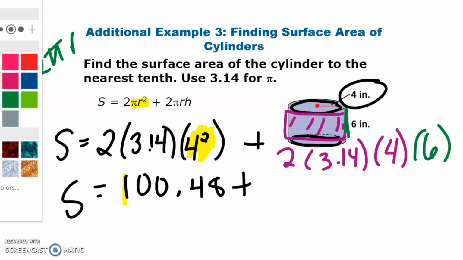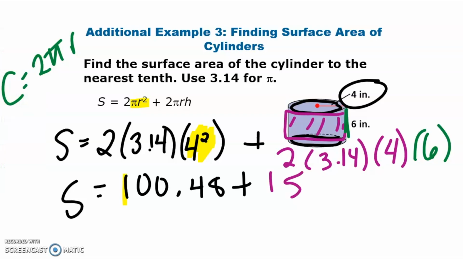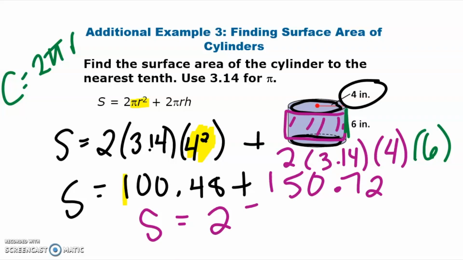Again, I'm going to type all of that into my calculator: 2 times 3.14 times 4 times 6, and that gives me 150.72. And so for my total surface area, all I need to do is add those 2 numbers together, and I get a surface area of 251.2 square inches.